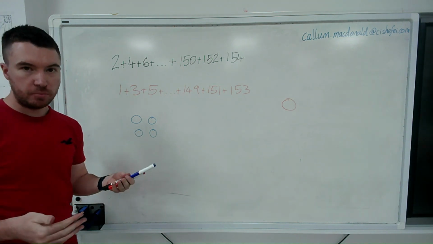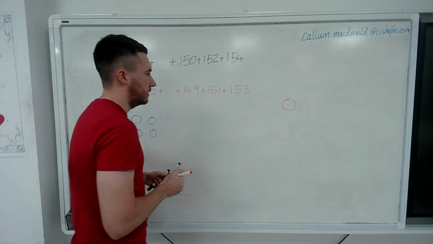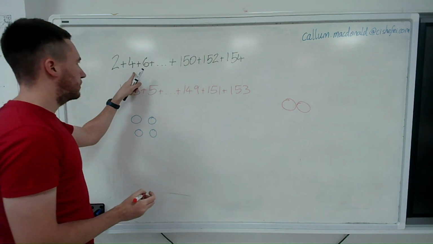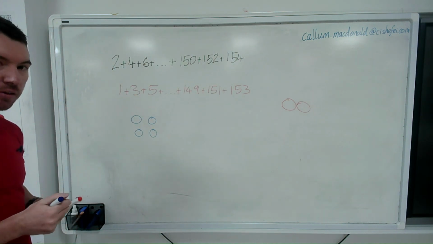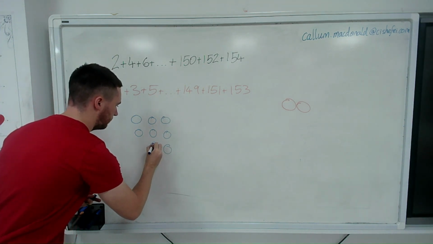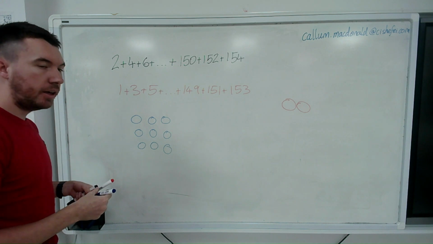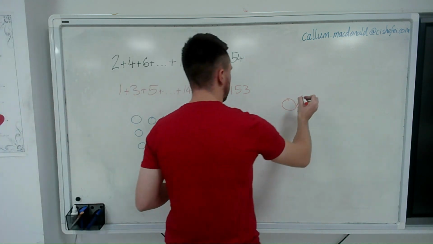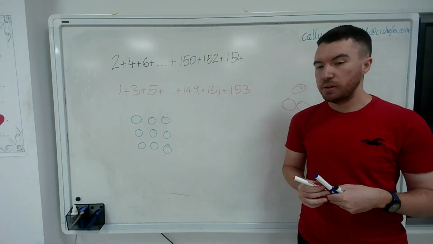And I've formed my 2 by 2 square, and I have an extra one. Okay, plus 5. But again, I have an extra one. And I can do this forever.